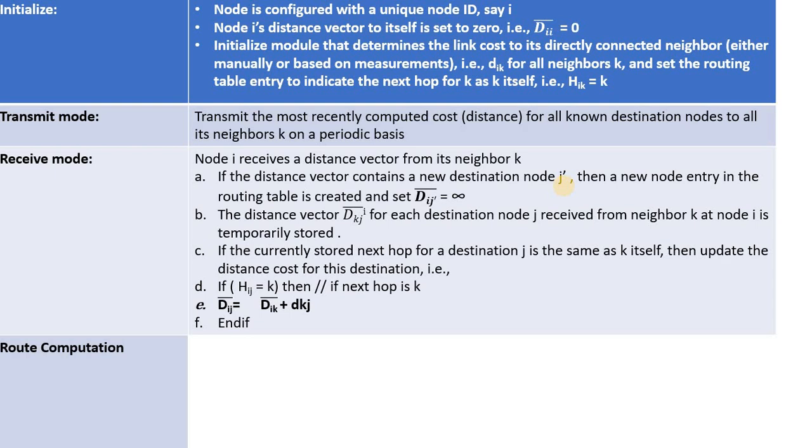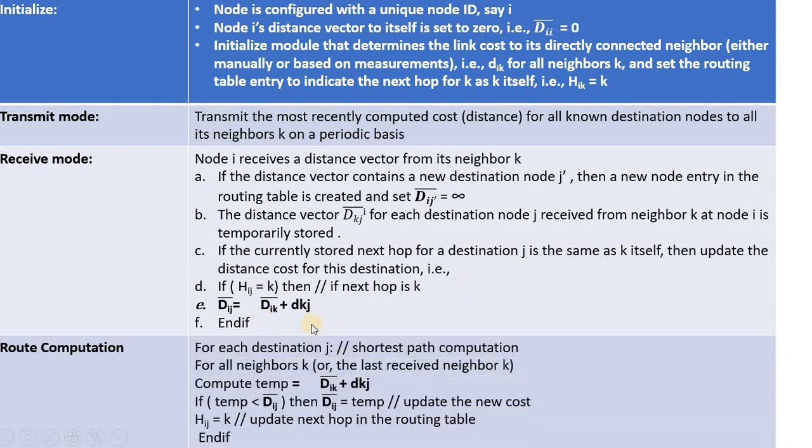For that new node, the computed cost is done along with the cost which is available for the neighboring node. In the previous example, from 1 to 2 the cost is 1, and when the new node 3 is introduced, the 2 to 3 cost is added along with the cost of 1 to 2. That is what is referred to here.